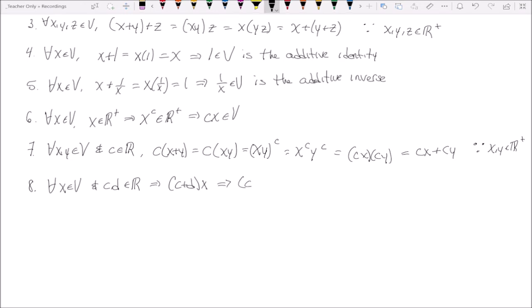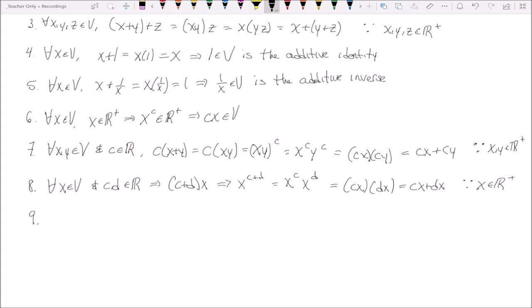Right, this is x to the c plus d, which is x to the c times x to the d using properties of exponents. Well, that is cx times dx, which is cx plus dx. Right, and again, because x is a positive real number, we can use these known properties.